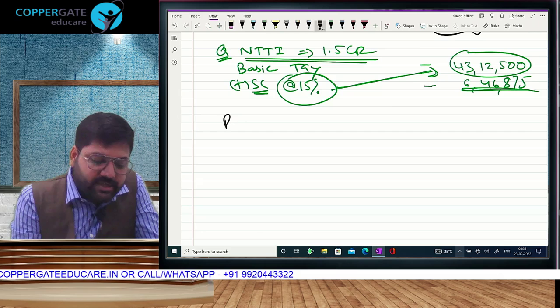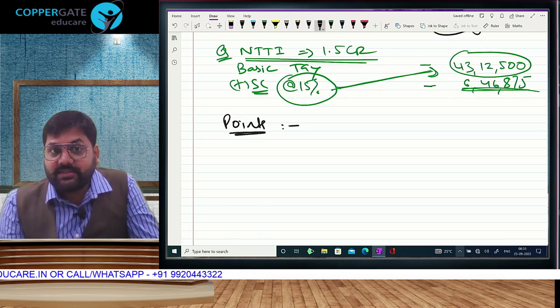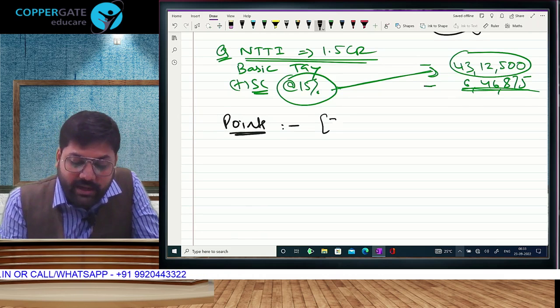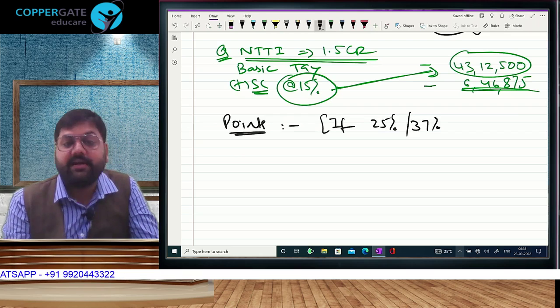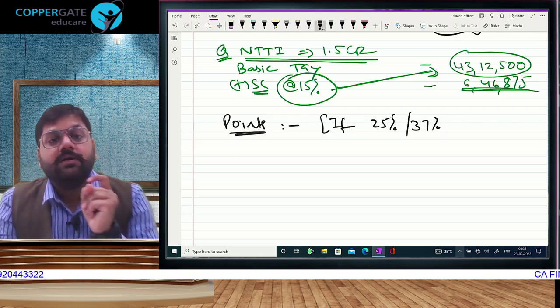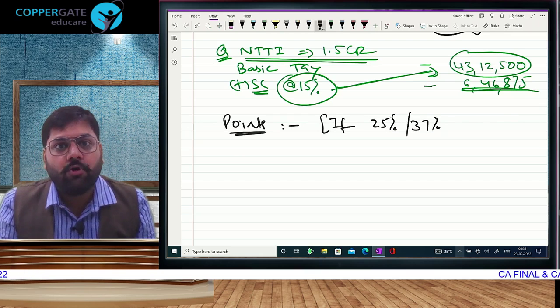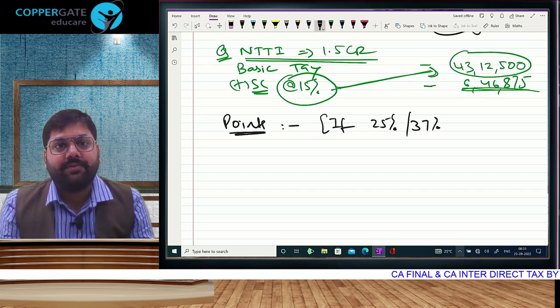So I am teaching you 2 points. And these 2 points are applicable only and only if you fall in the 25 or 37 category. Only those assessees. Meaning, anybody having income 0 to 50 lakh, these 2 points are not applicable. Anybody having income more than 50 lakh up to 1 crore, these 2 points are not applicable.